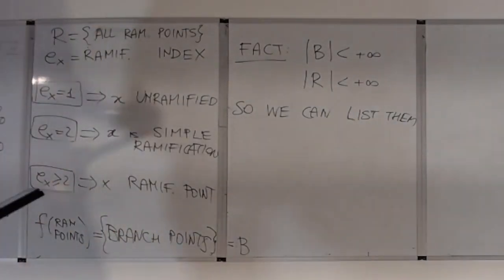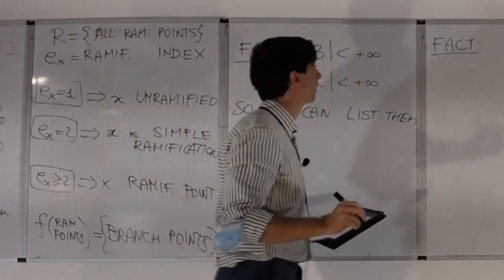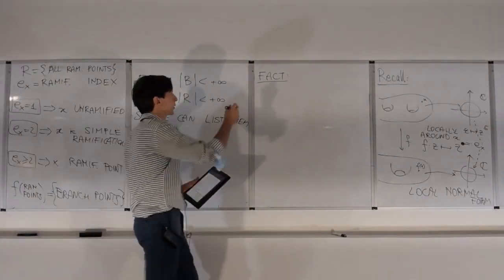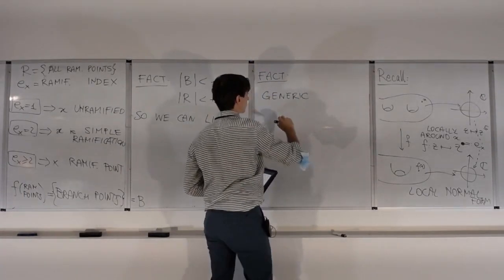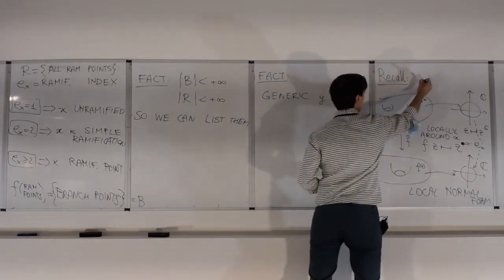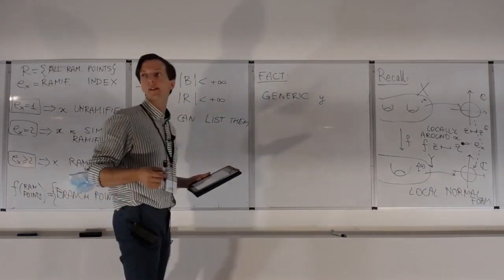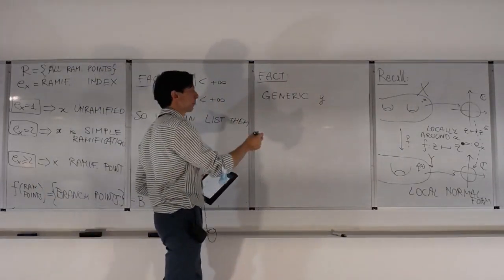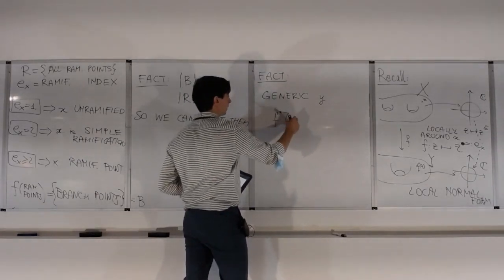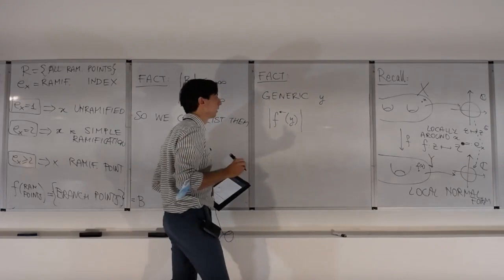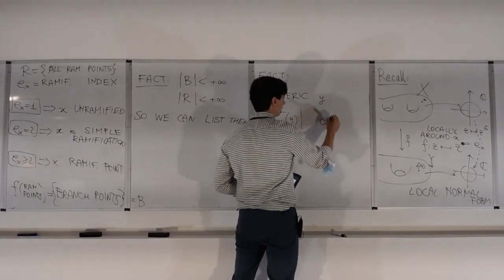Also, there is another fact. If you take a generic point downstairs, let me call this x, and I will call this y. So x is the domain, and y is the codomain. If you take a generic point y downstairs and look at the preimage of y, its cardinality is constant generically.